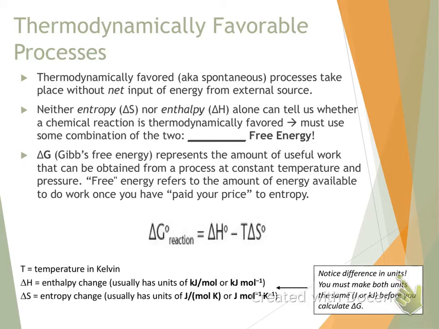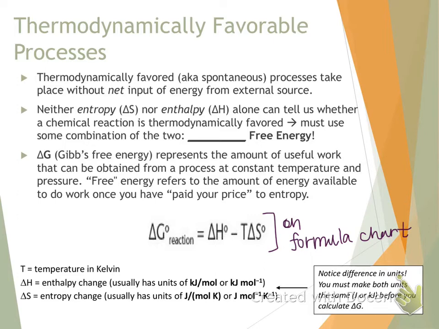So we have an equation here that we can use to calculate delta G when we have entropy and enthalpy, since again, whether a reaction is thermodynamically favorable depends upon both of those things. Temperature also plays a role in here as well. This formula is on your formula chart, where delta G is our Gibbs free energy.